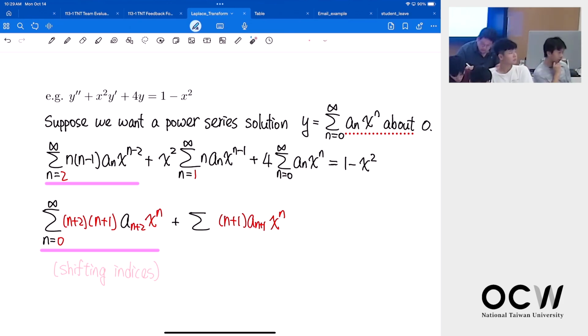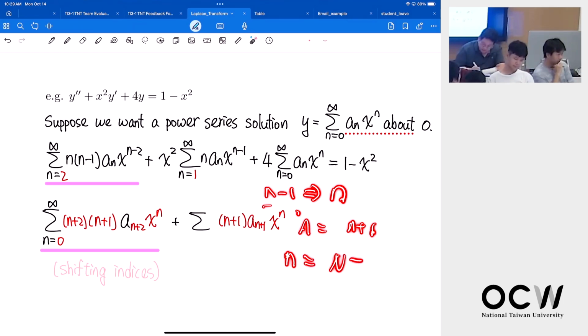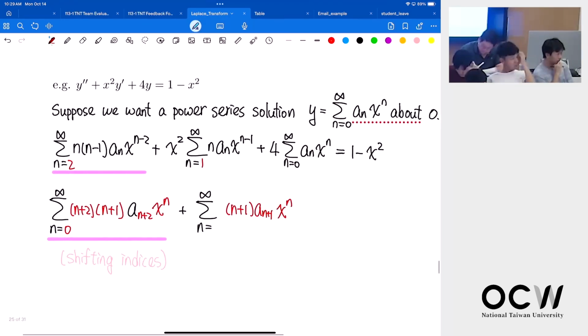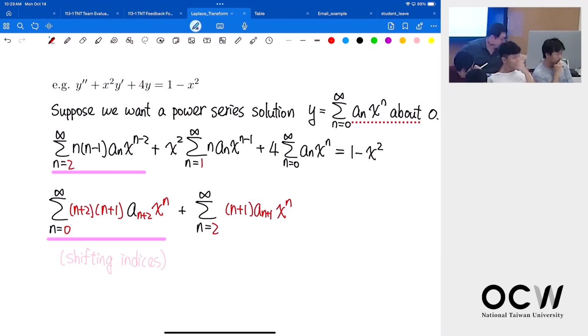Right? n minus 1 becomes n, so your m will be n plus 1. When n equals 1, this should be from 2 to infinity. So this n should be 2 to infinity.